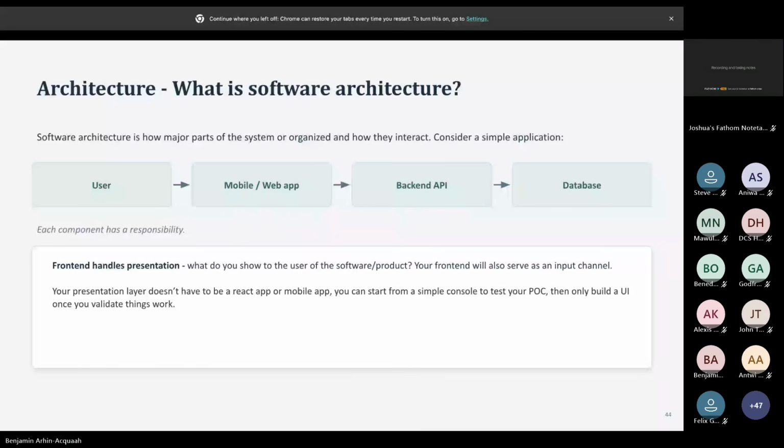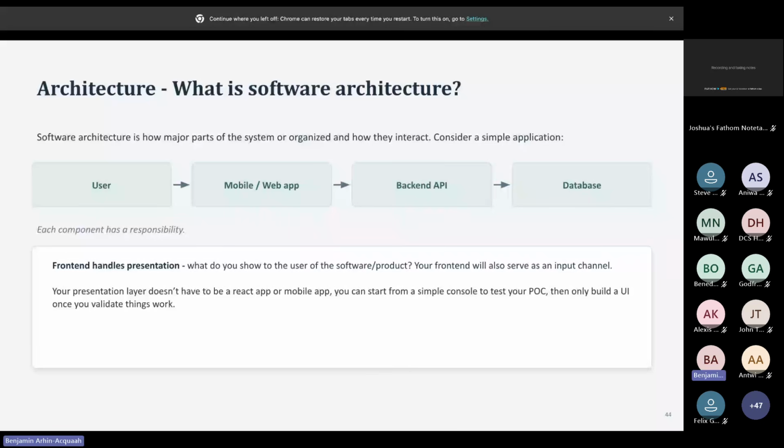Any interactions they make on the mobile phone or the browser go through a server, and they communicate through an API, which means application programming interface. It's a communication medium that software systems use to share and transfer data.